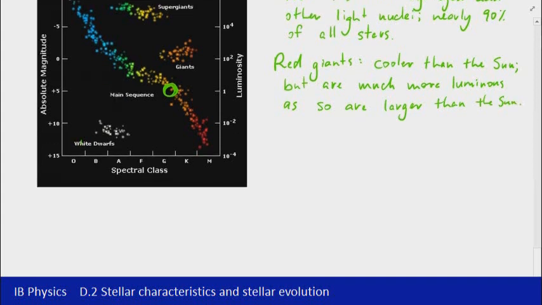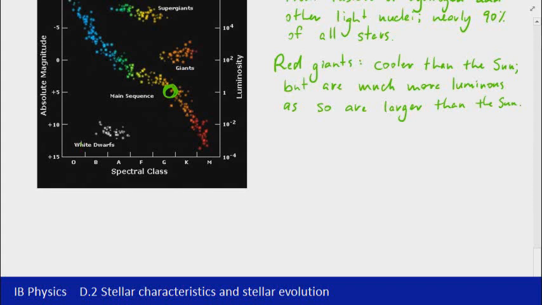And the next one then are the supergiants up the top. So if we've got giants and then supergiants, it makes sense that supergiants are even bigger again. So supergiants basically are just very large and very bright. Because they're so large, they radiate a lot of energy. They're very bright as well.